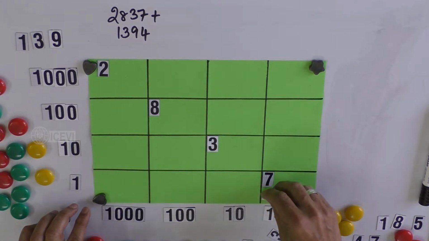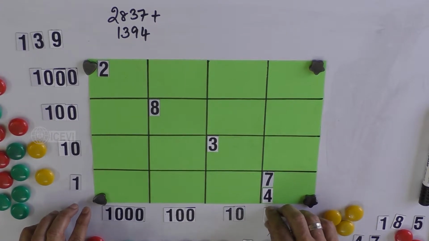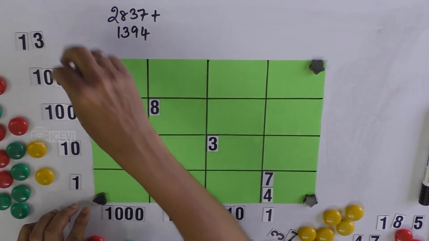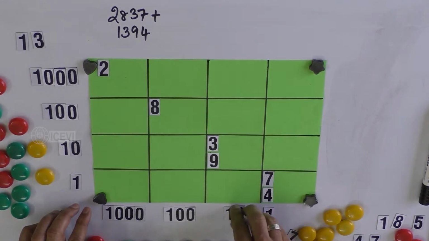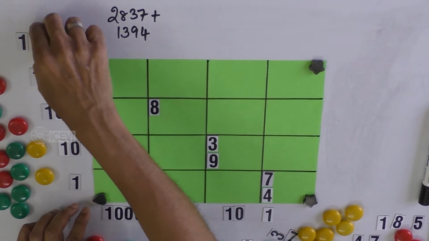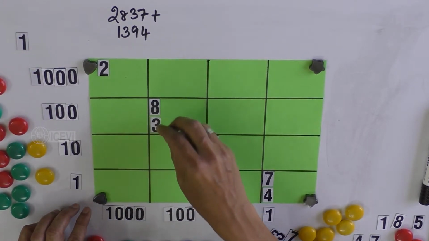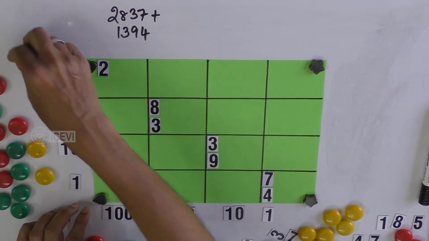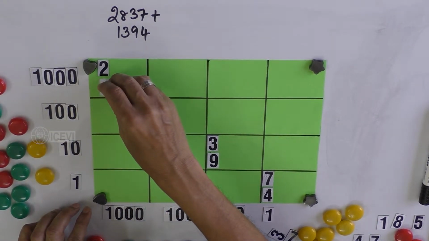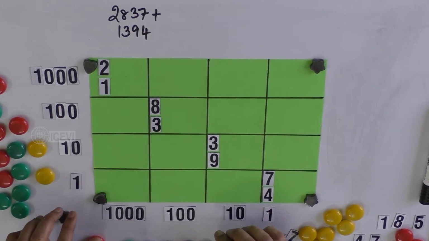Start with 4. So let us place 4 below 7. 4 is indicating the unit value, and then 9 is indicating the 10th column. That is the column which has the value 10, and 3 is placed in the box which is indicating the column 100, and 1 is placed in the box which is indicating the value 1000.